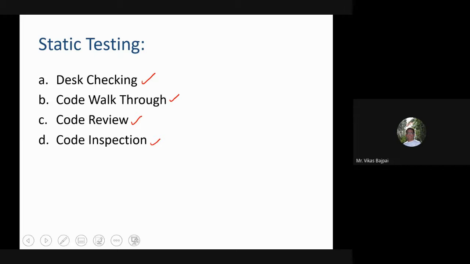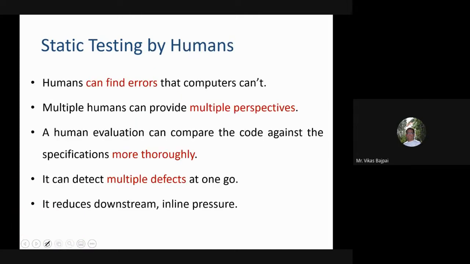So to start with, we have static testing by humans. The point is, why do we need to go for static testing when we have these tools with us?